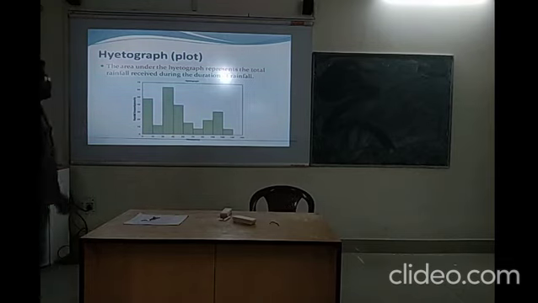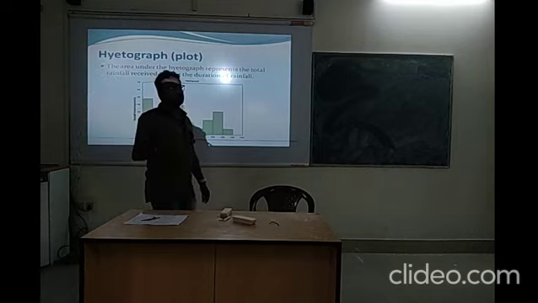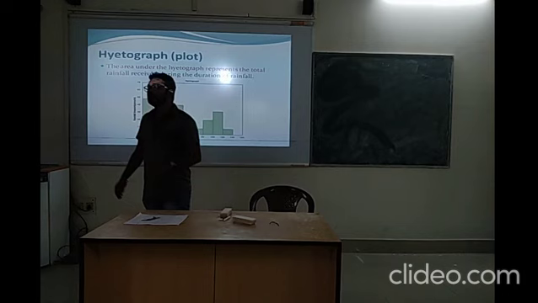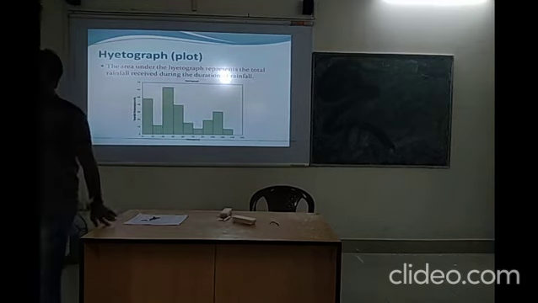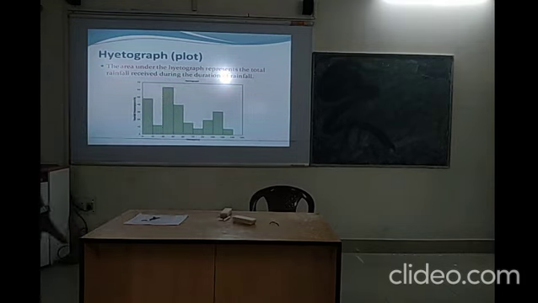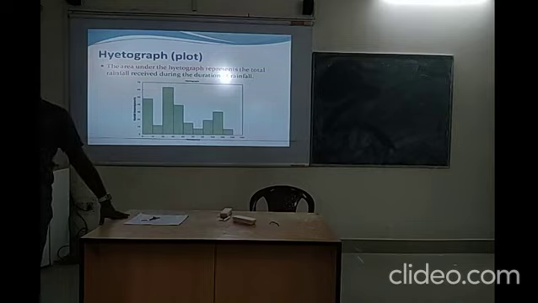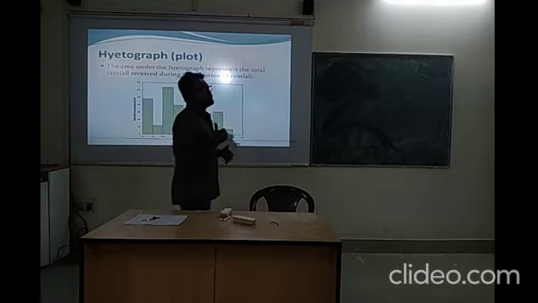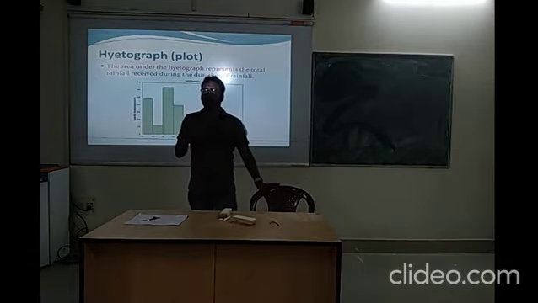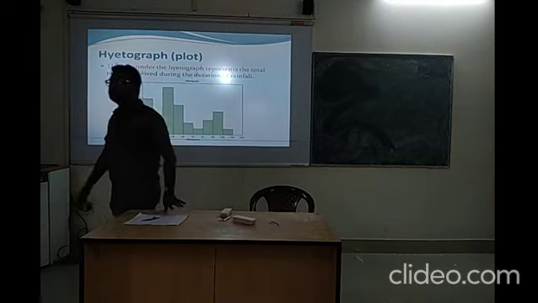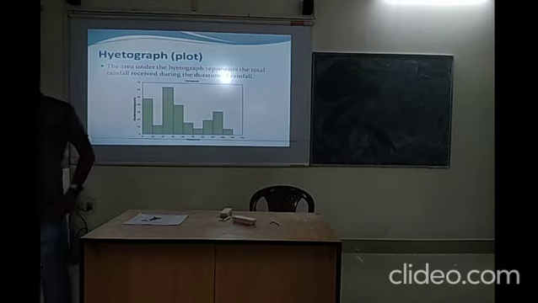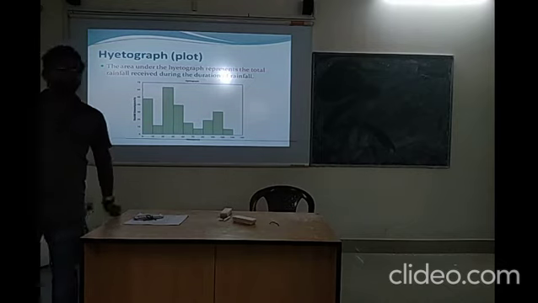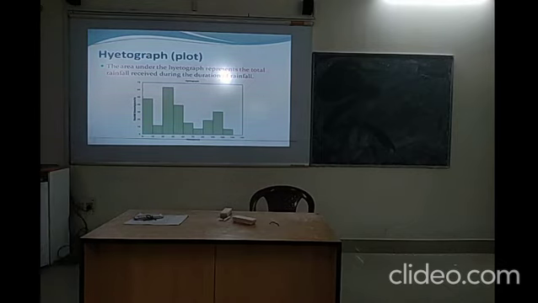Obviously, when we find the data, we will be collecting it from non-recording rain gauges. With non-recording rain gauges, if you collect the data at a certain interval, you will get the cumulative data directly. You will not get the intensity or the change in rainfall, right?